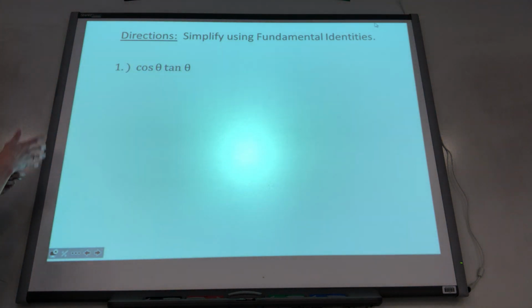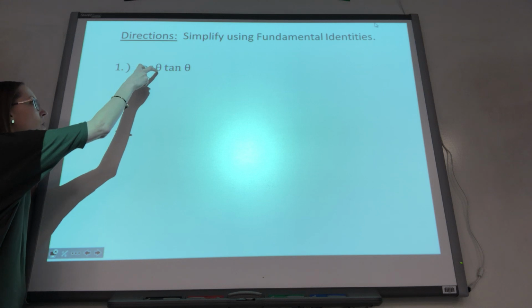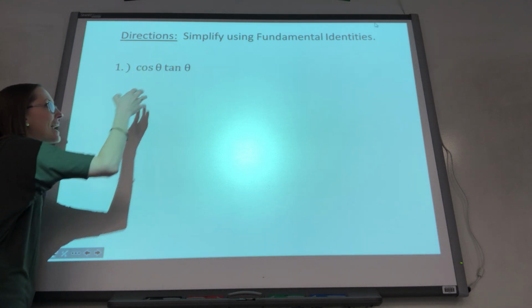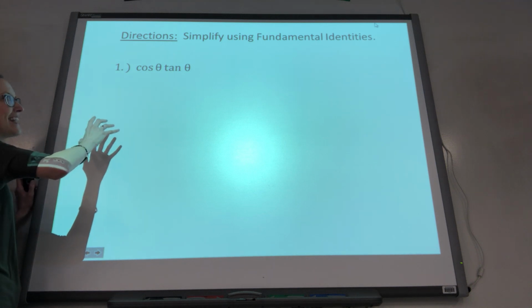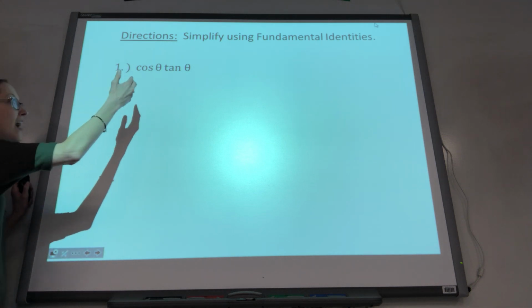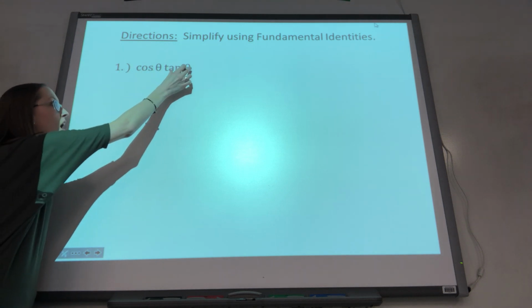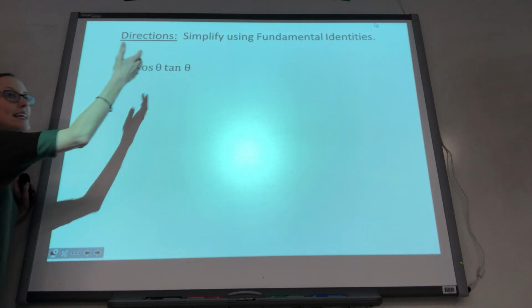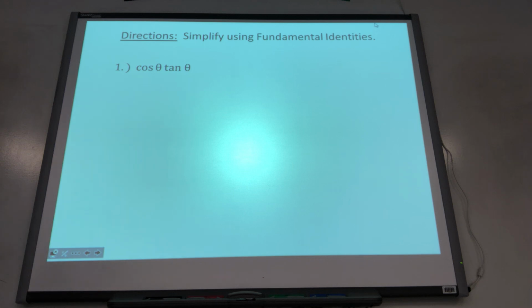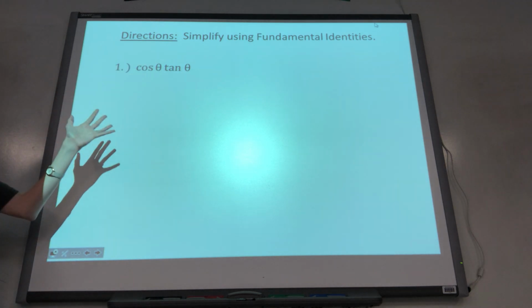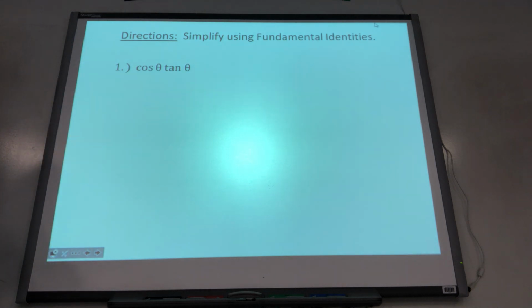So I'm thinking in my head, is there a way to rewrite cosine so it has a tangent in it? Or if that's not working, you can start over here. Is there a way to rewrite tangent using one of our identities so that it has a cosine in it? You're trying to get something in common.